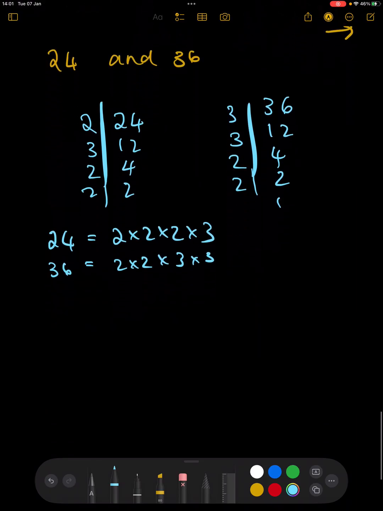Right, then remember, the rule says we have to go and write down all of the different prime numbers that we see as answers. So we have 2's, we have 3's, and that's it. We just have 2's and 3's.